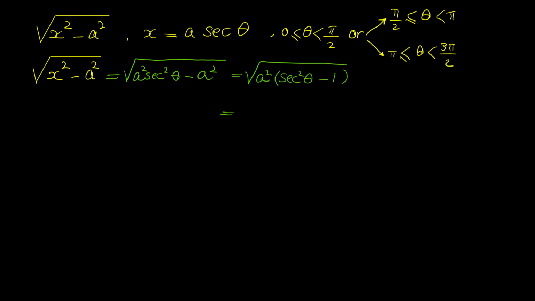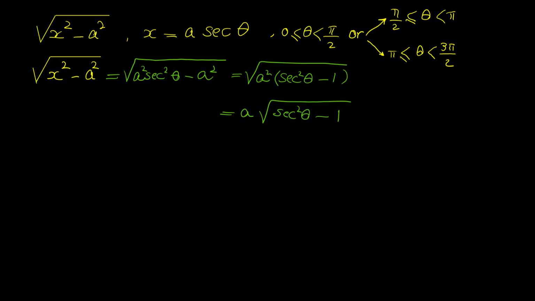Again, let me mention that we suppose a to be a positive number, so when we want to find the square root of a to the 2, we don't need to put absolute value for a. We can move it to the outside and write it as a. So this equals a radical secant to the 2 minus 1.